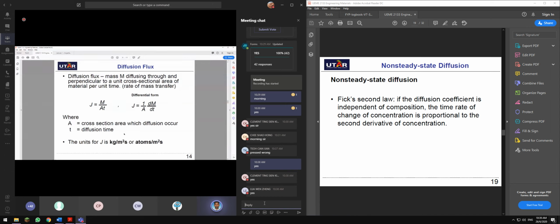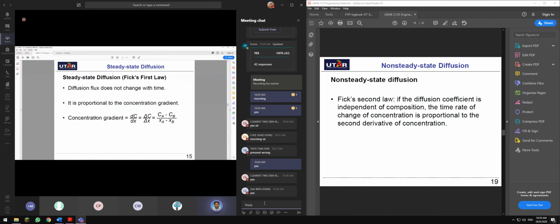And also I've given you the introduction for diffusion flux, which is J, equivalent to mass over cross-sectional area times the diffusion time. That is diffusion flux, right? So we have two types of governing process for diffusion, which are steady state and non-steady state.